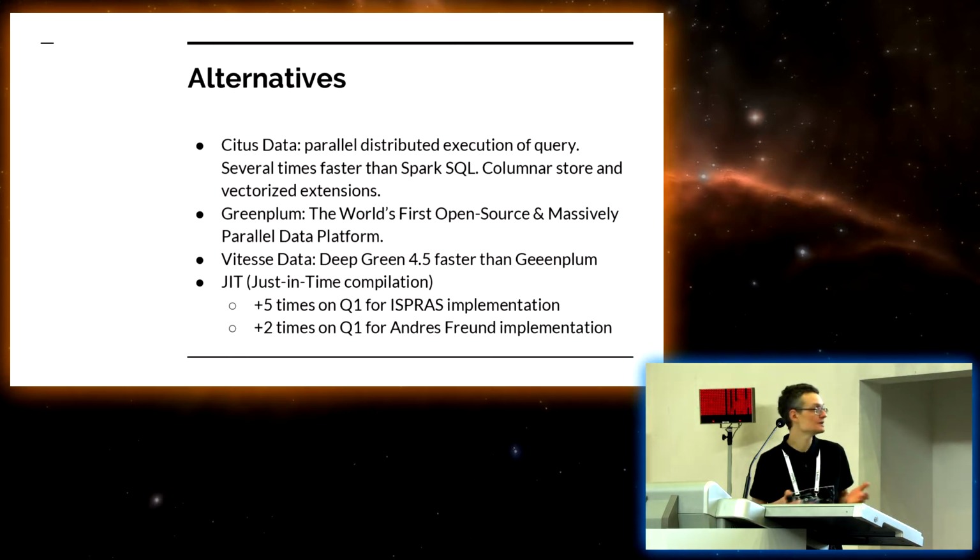So what would be better, JIT or the vector operation? Basically, these are two alternative approaches. And Hyper is one of the quickest databases worldwide, as the developers claim. So the analytical database uses both approaches.